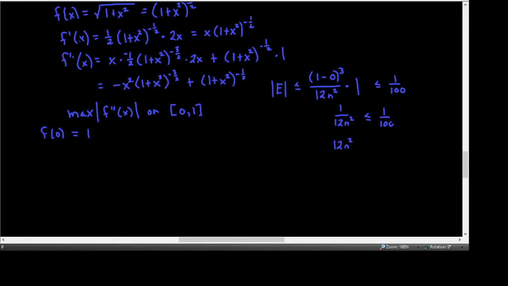The reciprocal of the right side gives me 1000. And when you take the reciprocal of both sides of an inequality, it changes the direction of the inequality. Then I would divide both sides by 12. Since I'm dividing by a positive, it'll still be greater than or equal to. That ends up being 25/3. And then I'm going to take the square root of both sides, which will not affect the direction of the inequality.